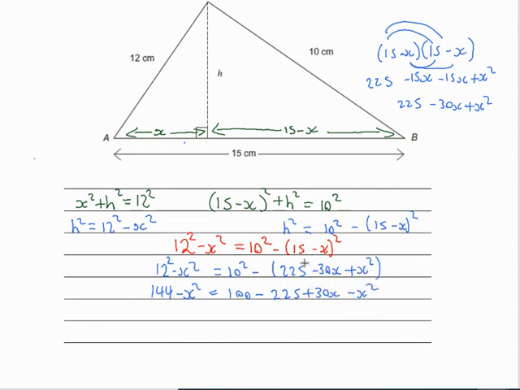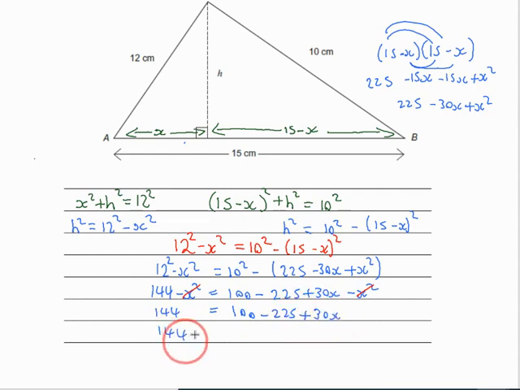So hopefully you understand why I kept the brackets around here, just so that I remember that the minus applies to everything. Interestingly, I see that minus x squared on both sides cancel as well. So boom and boom.